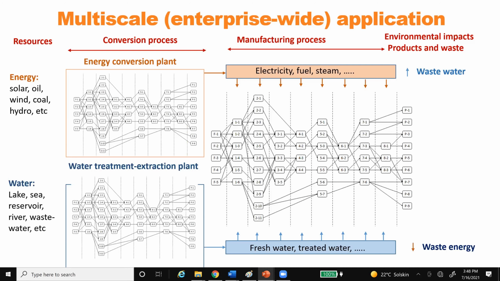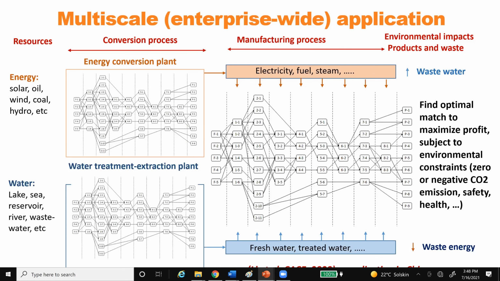And then we can say that this network of energy, water, process, this will be our total system. Can we find an optimal solution that will have net CO2 negative, and it is safe and healthy and operable? You can unfortunately not see the bottom one. We have actually made a case study with a location in China and with my collaborators in China who have solved this problem.